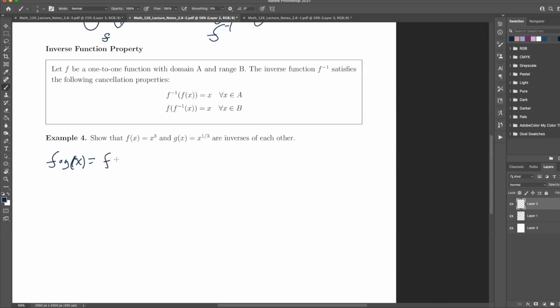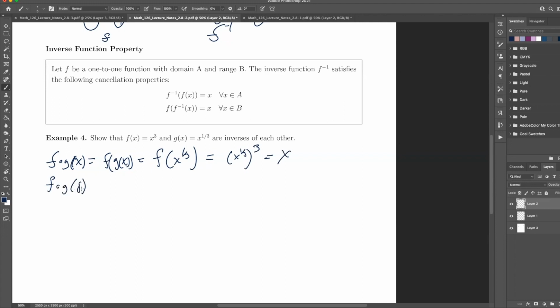So here will be f of g of x, and that's equal to f of, and we plug in everywhere g of x, which is x to the 1/3 power. Then we take f of that, so we take x to the 1/3 power and raise it to the 3rd power. If we do this, we get back x. Now this would be true for any element.